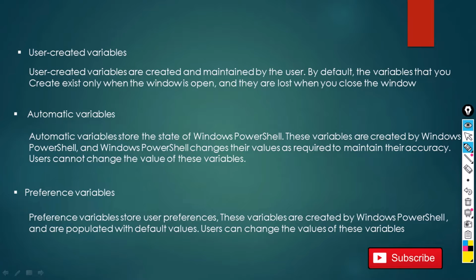The information is not shared with any other PowerShell console, even if you have multiple PowerShell consoles open simultaneously. So the variable is in that PowerShell memory and it cannot be shared, and as soon as you close the PowerShell window, the variables are gone. So it is created and maintained by the user itself. Those are the user created variables.